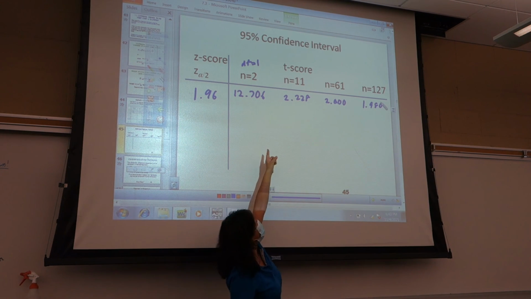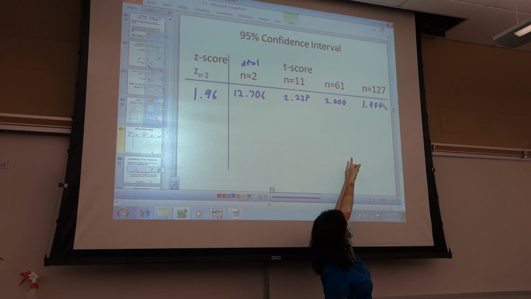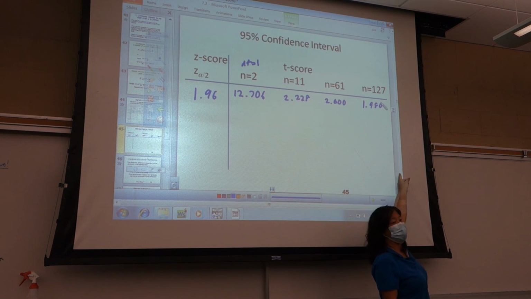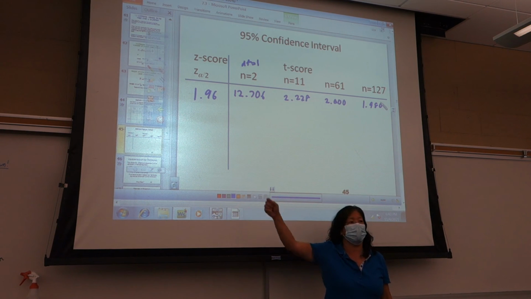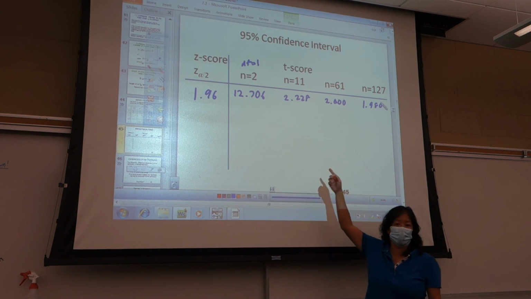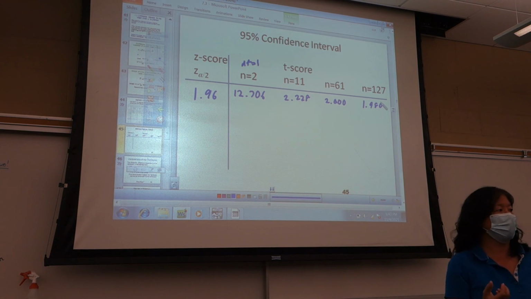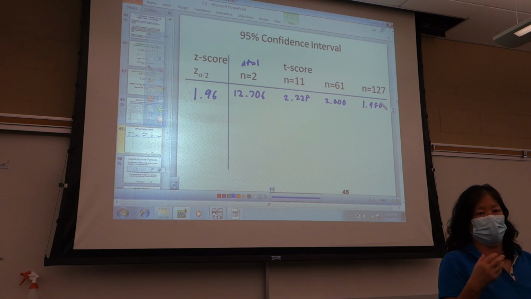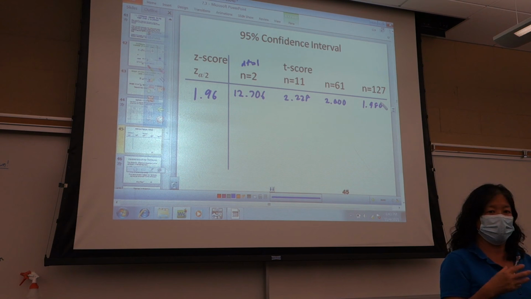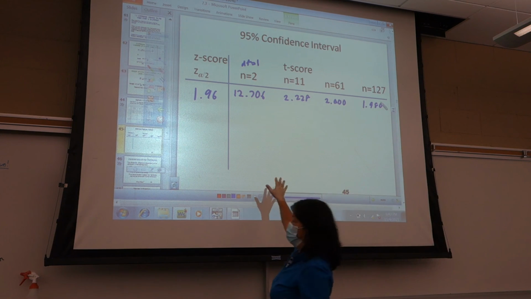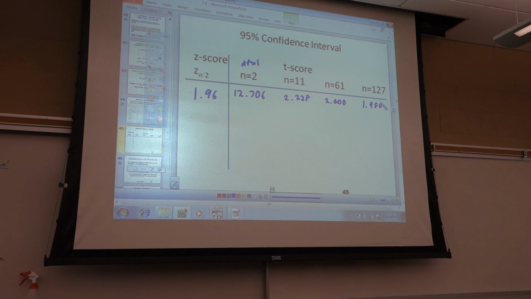But as n gets bigger and bigger, my t-scores start approaching my z-score at 1.96. That's because as n gets bigger, my s gets better and better, closer to sigma, so I need to take less of a room for error. Does that make sense?